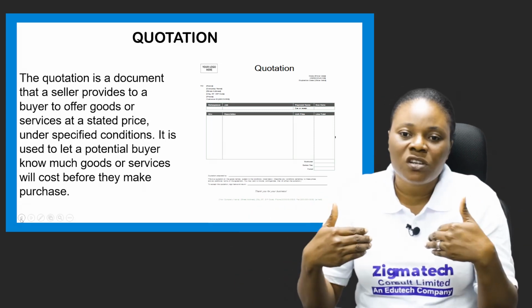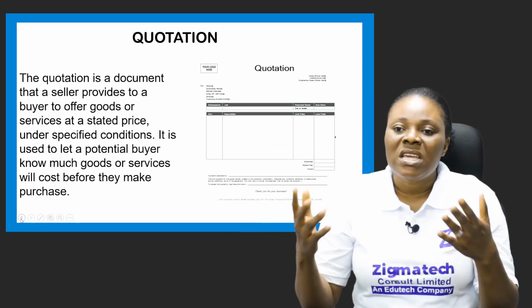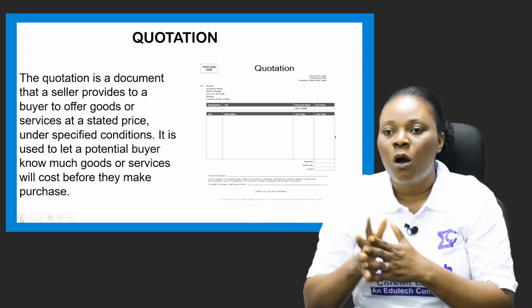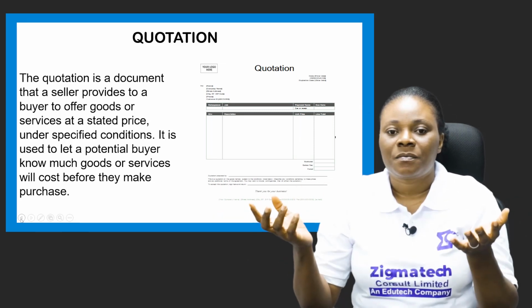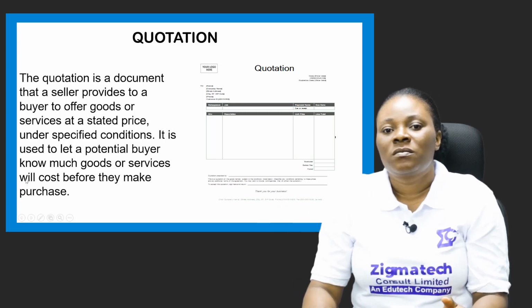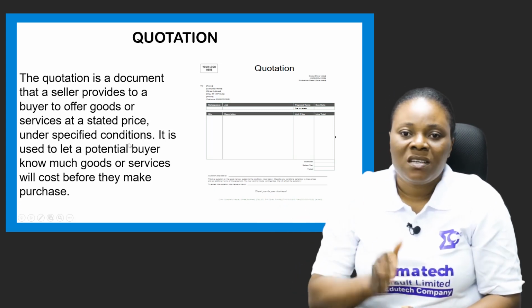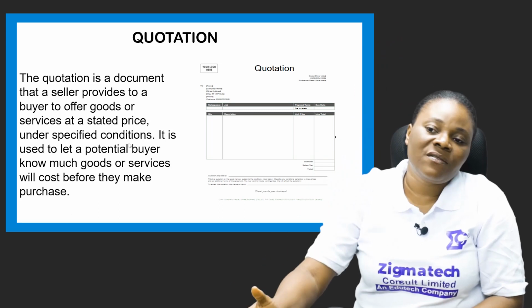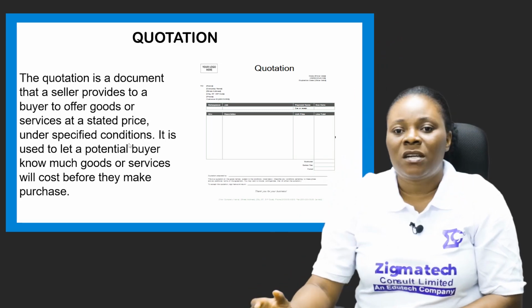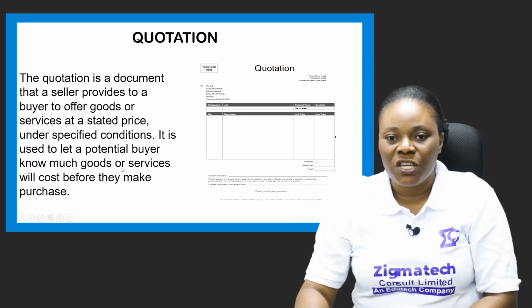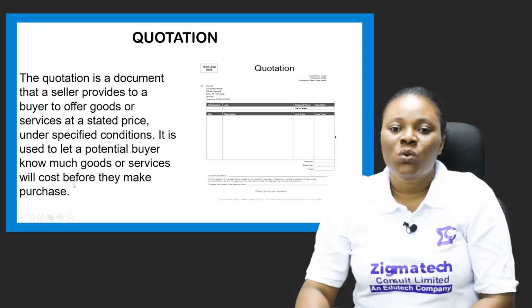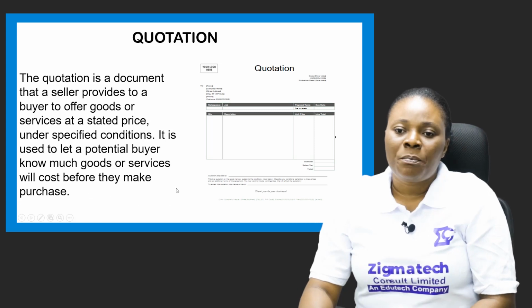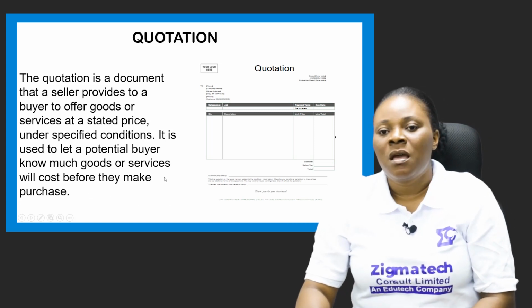It is then the decision of the buyer to either accept it or go for another seller. As I've said, you have on it the list of services a seller can provide and also the price for each service. It is prepared and sent to a buyer before the purchase of the product is made.